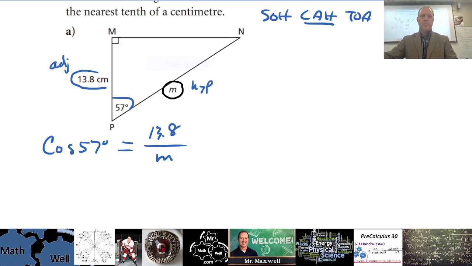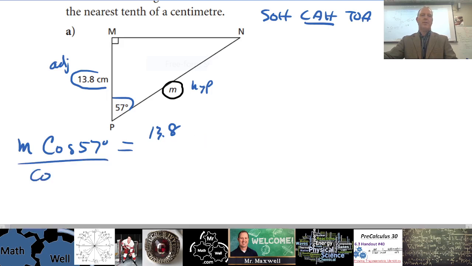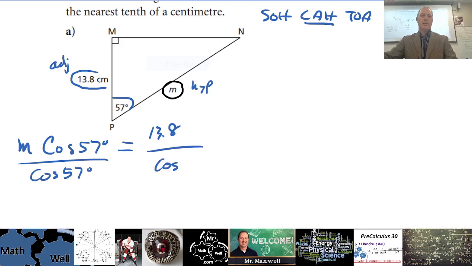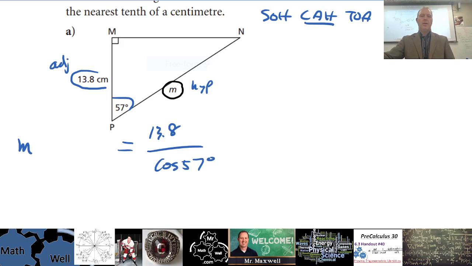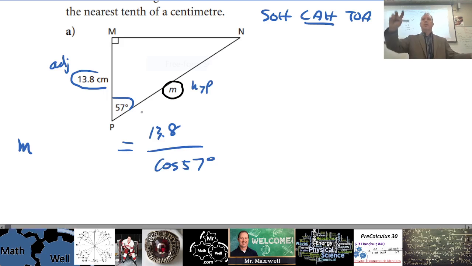So multiply both sides by m. The m's are gone on the right, and I divide by cos of 57 degrees, and the cos of 57 degrees is gone on the left, and I'm left with m equals. So really they can just switch spots across the equal sign.